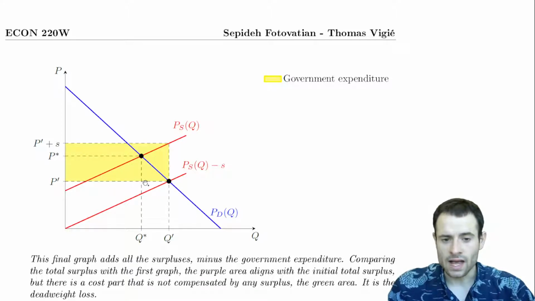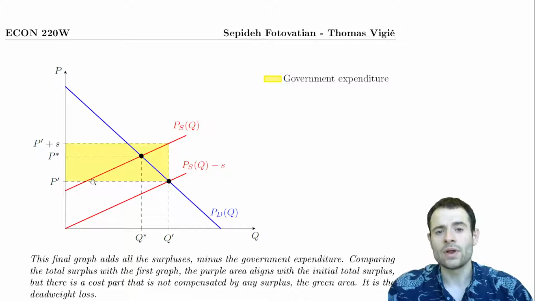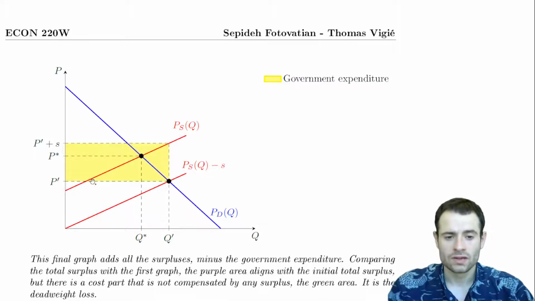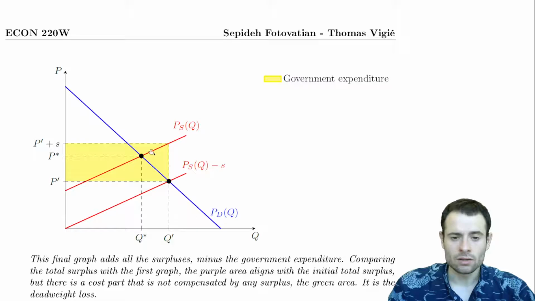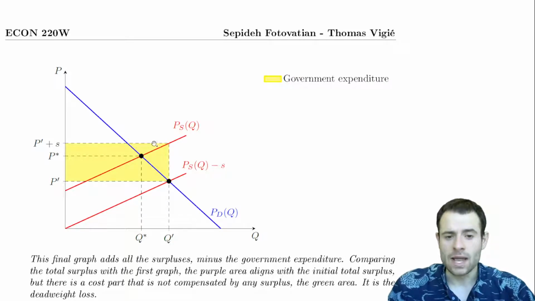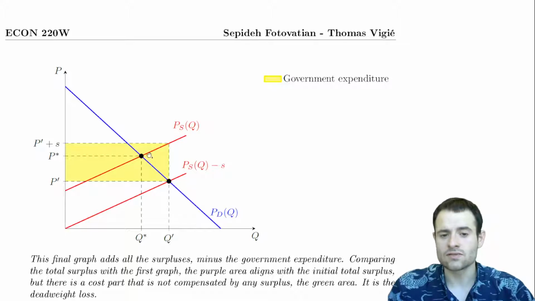So this area is a negative surplus for the government, a positive surplus for consumers. Both areas will cancel out, so this triangle is as good as a white triangle. This triangle here represents a positive surplus for the firm and a negative surplus for the government. Again, these two areas will cancel out, so this triangle is as good as white.